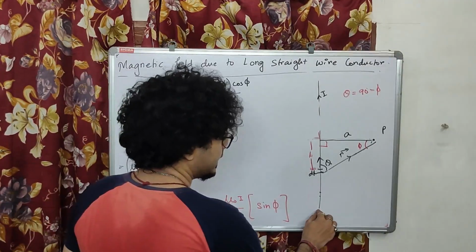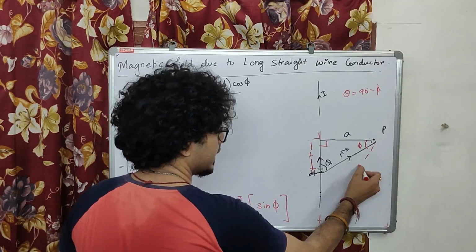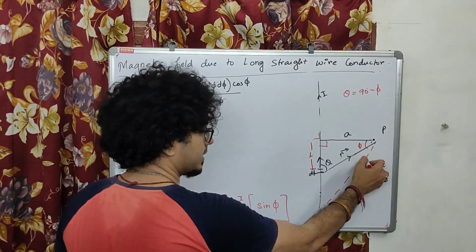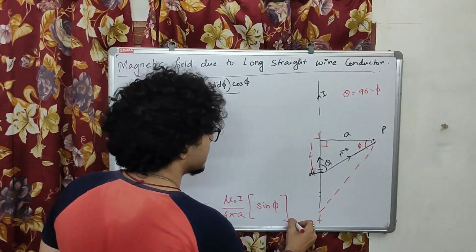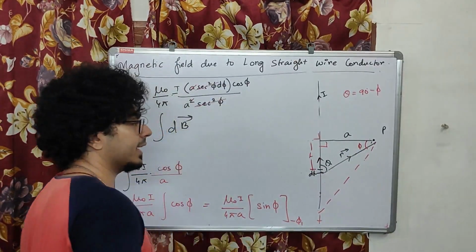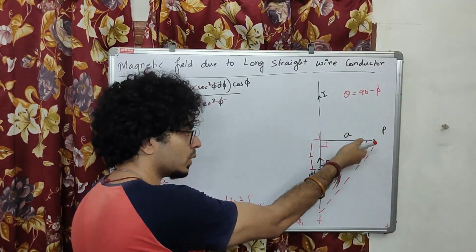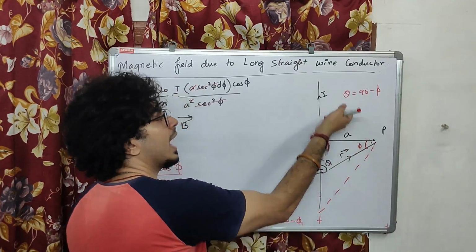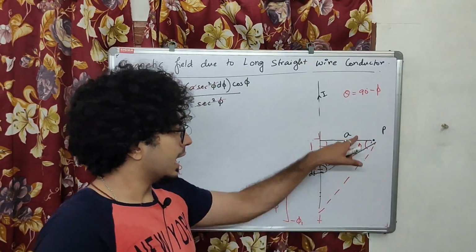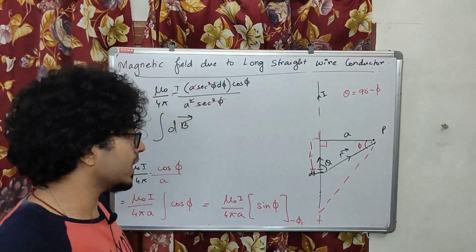See, for this end, the phi will be maximum. Let us consider that as minus phi 1. Why minus? Because this is below this one. Above this one is plus, and this is below this one. This is minus phi 1.